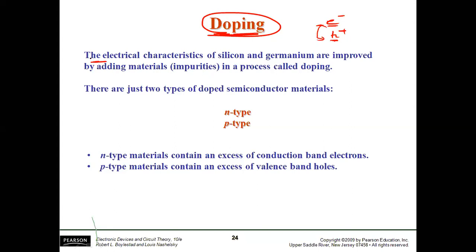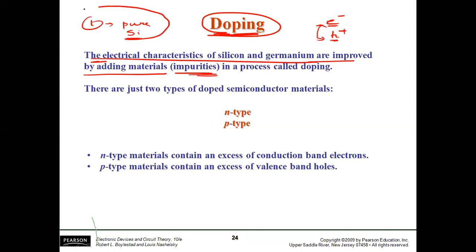Okay, so the electrical characteristics of silicon and germanium are improved by adding material, and that material is called impurities. So basically we are adding impurities deliberately. In the first step we produce very pure silicon crystal; this is necessary, you cannot skip this step.